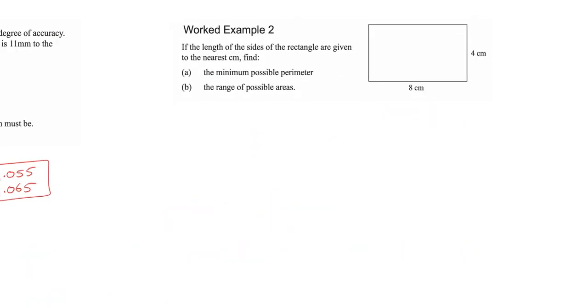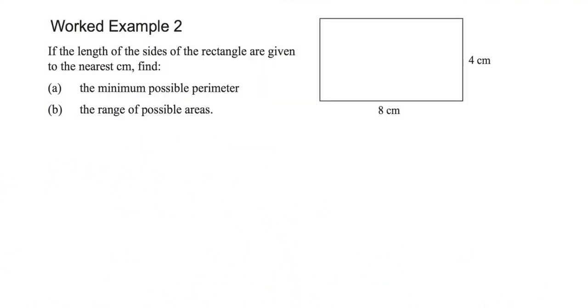Now, what about a more complex question? Let's take a quick look at this. So here we have a rectangle, and these two sides of the rectangle, the 4 centimeters and the 8 centimeters, well, they've been rounded to the nearest centimeter. We're not just going to find what they are this time. We're going to look in part A to find the minimum possible perimeter, and we're going to find the range of possible areas.